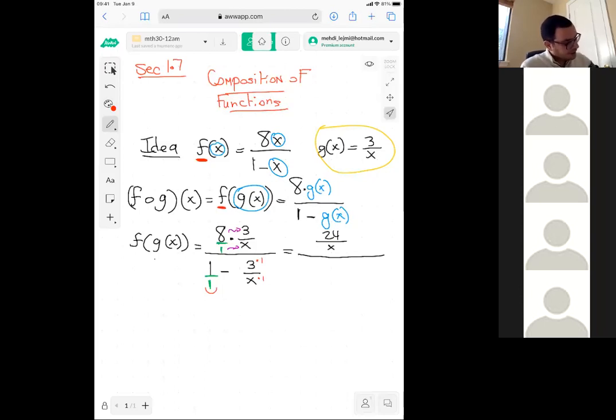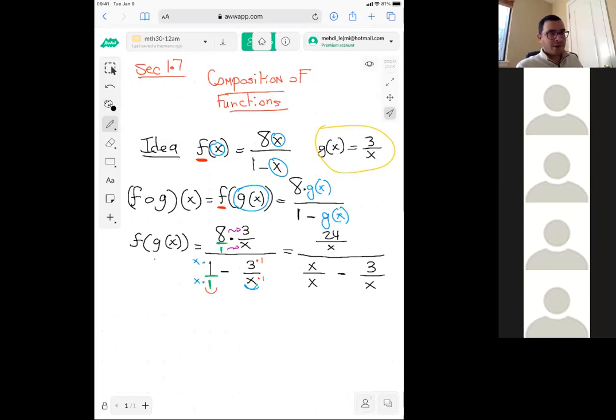Here the denominator is already x. So it's x times 1, which is x, minus 3, over x.